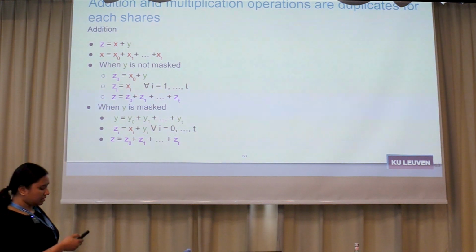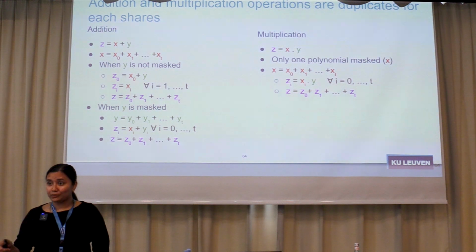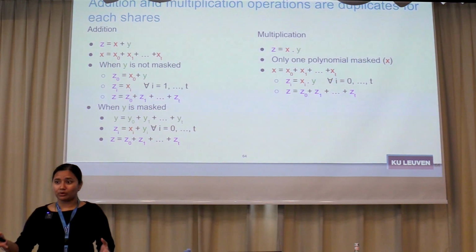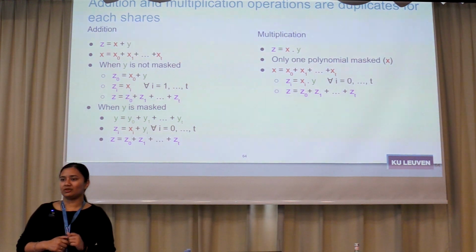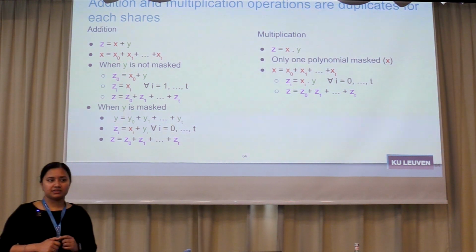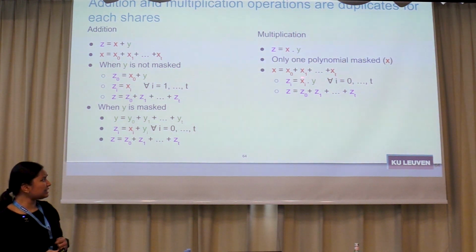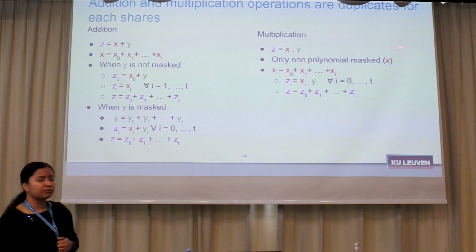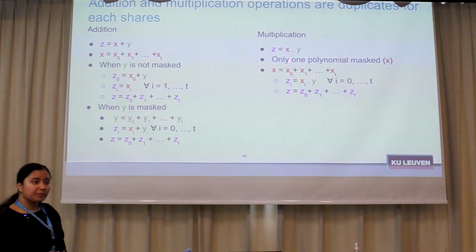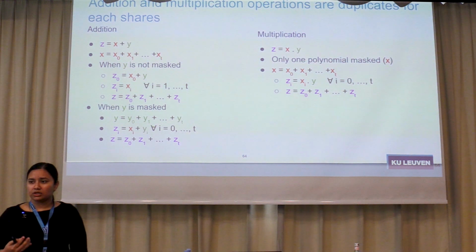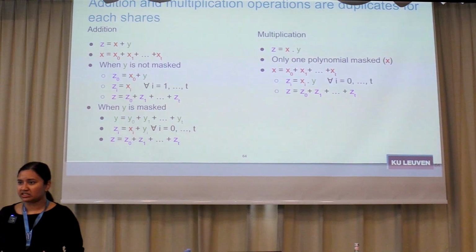So it's easy. For multiplication, it might have been harder if x and y were both shared, but that's not the case in lattice-based crypto, luckily. It's still linear because we always have only one masked share and the other is either public or you don't have to mask it because it doesn't have any sensitive information in it.